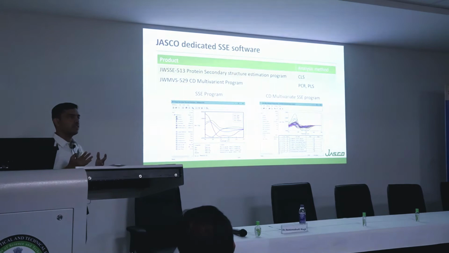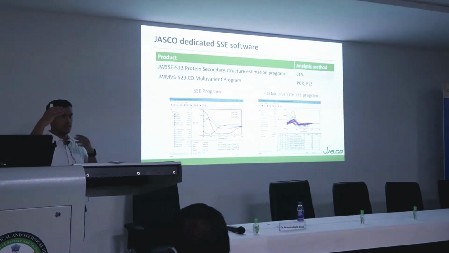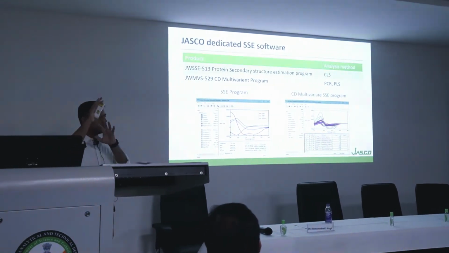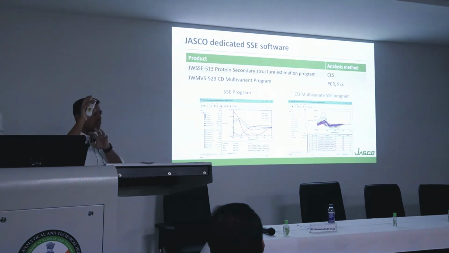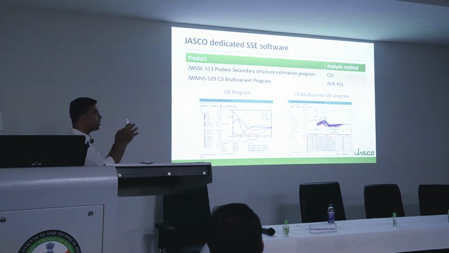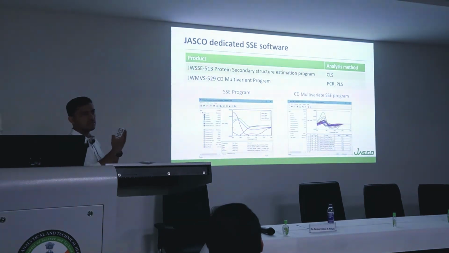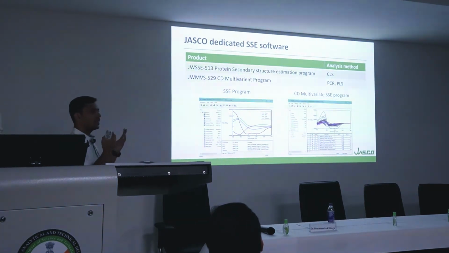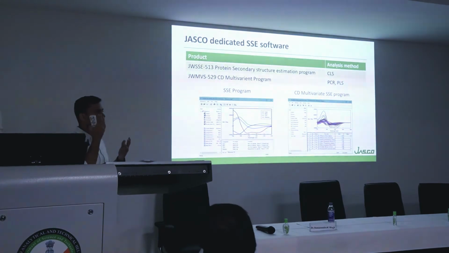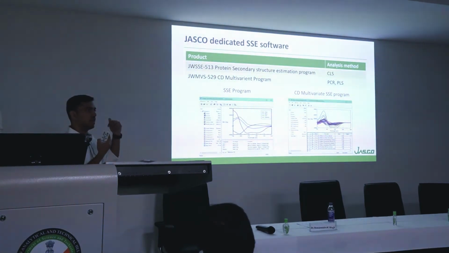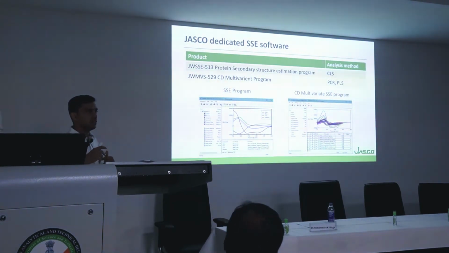So what we do here is make a statistical model out of these different libraries, and we use those libraries to get correlations for your unknown sample. We know that if your protein is alpha helix, it will always have one hump on the positive side and two humps on the negative side.